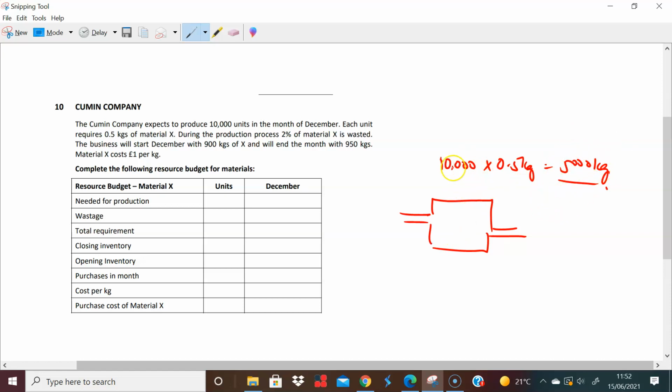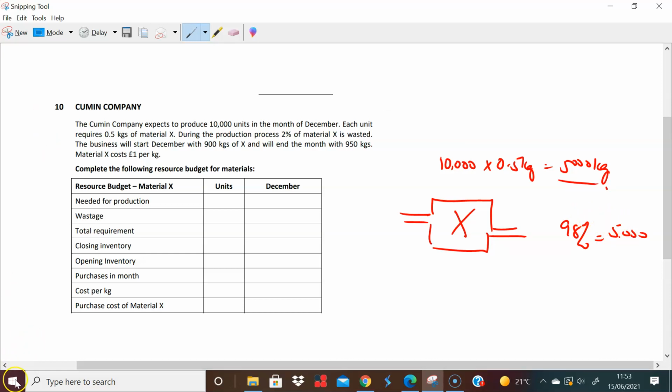I need to put in more, let's call that X. I put in 100%, I lose 2% of it, so 98% will come out, and that 98% is equal to the 5,000 kilograms.